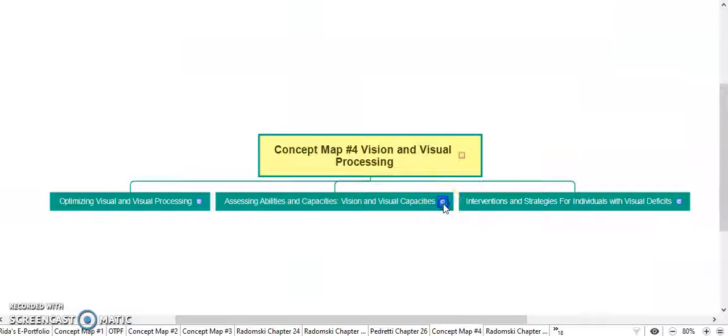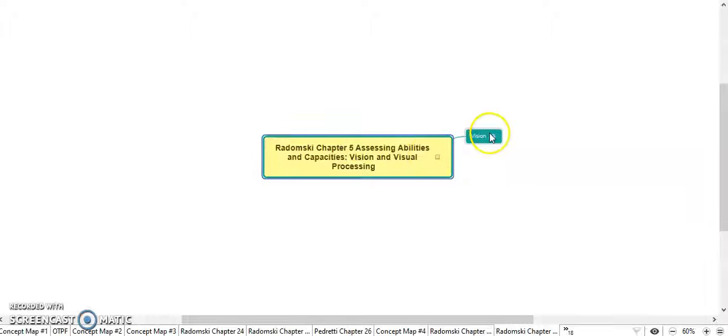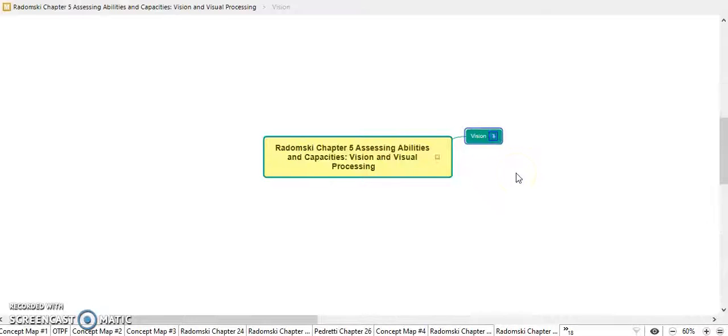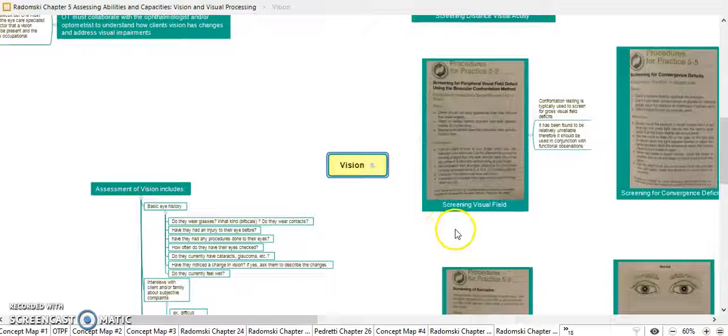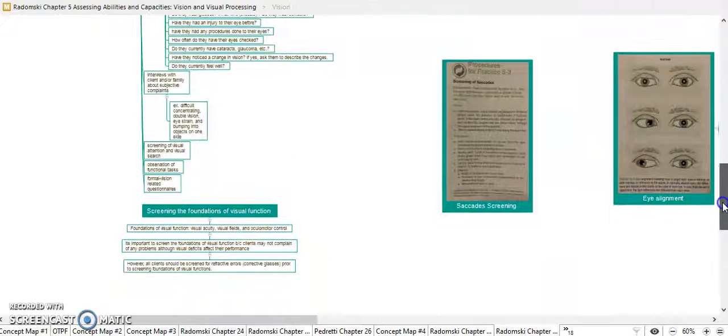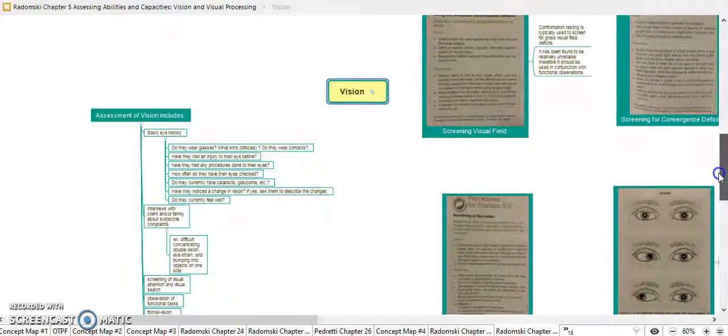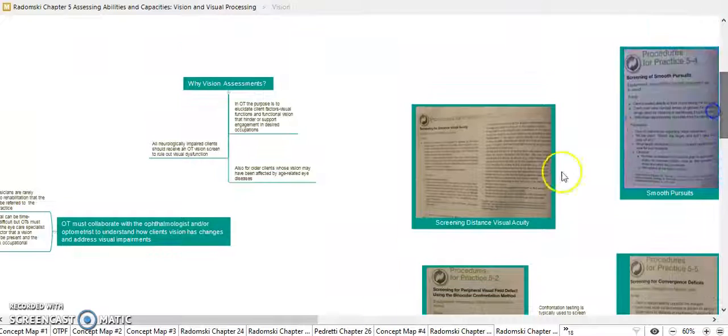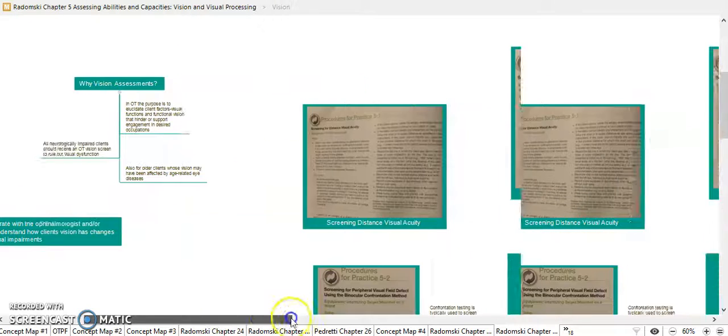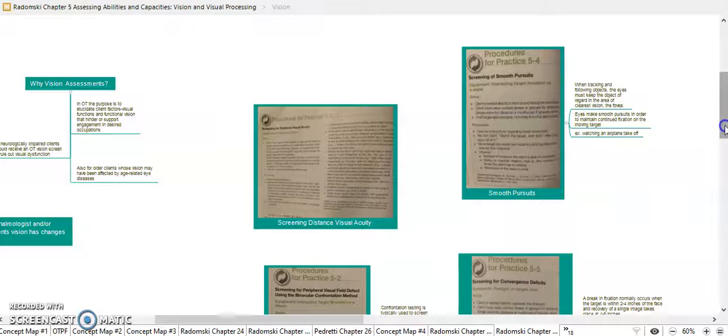Assessing abilities and capacities. So the different procedures for practice, how am I going to screen? What am I looking for in the patients? Visual function, looking at eye history. I'm also going to be reviewing vision assessments that we've also gone over in our classes.